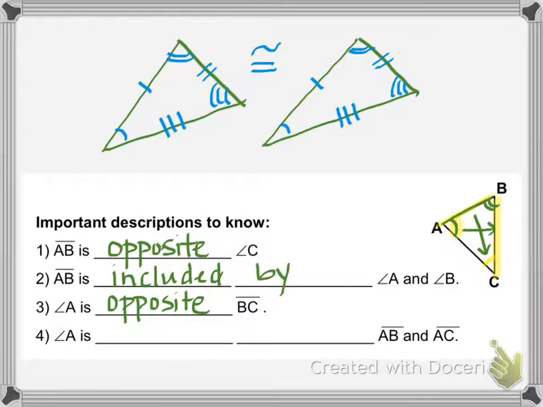We can also say that angle A is included by segments AB and AC because it's kind of right between those two segments. So included by kind of means between, and opposite means across, okay? So make sure you know those because we're going to use those terms in a minute, and I want you to know what those mean.